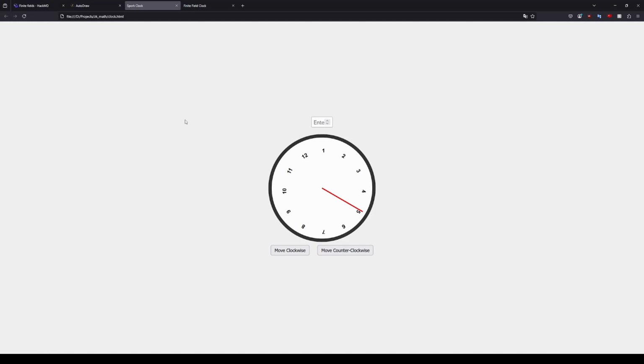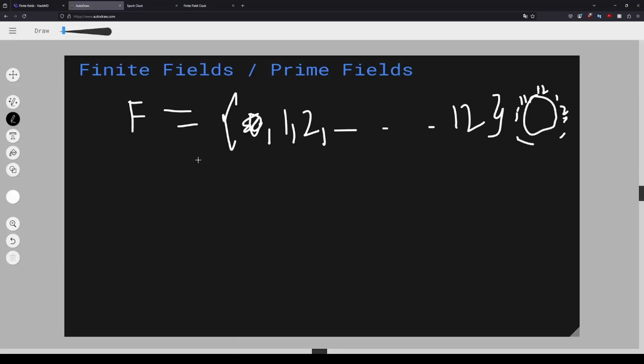Whatever the number is, we mod it by 12 to keep it within the field. So 17 mod 12, we got 5. This is the same as the modular operator, or you might also know it as the remainder operator.